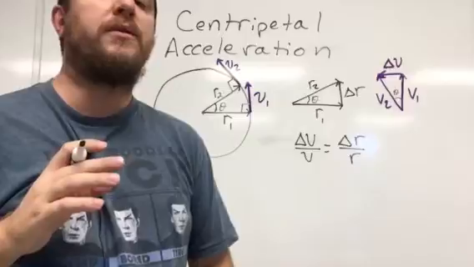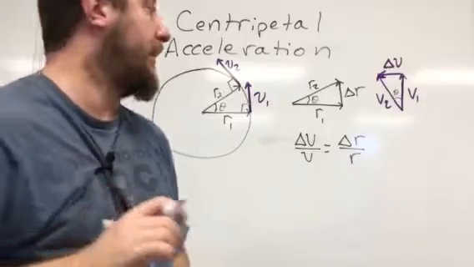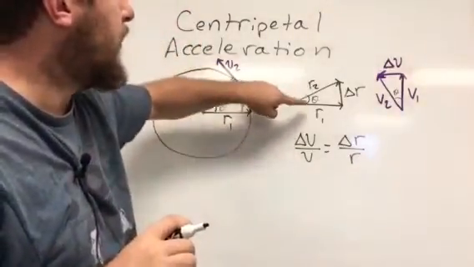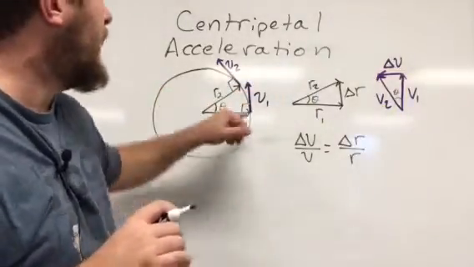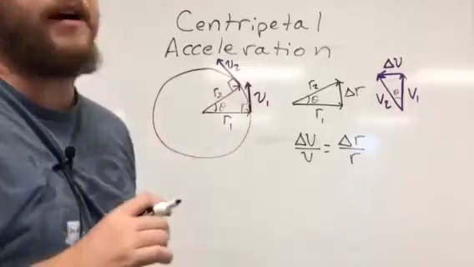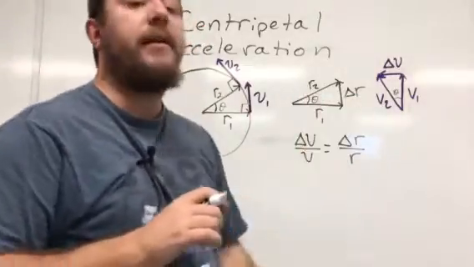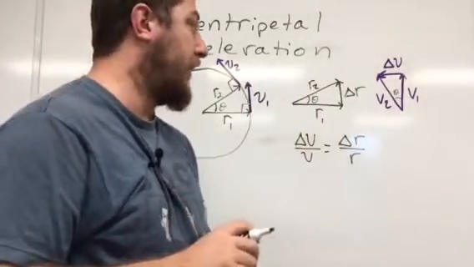Now, these similar triangles are also going to be isosceles triangles, because the radius of my circle is not changing, and if I'm moving at a constant speed, then the magnitude of these arrows is not going to be changing either. So these are going to be similar isosceles triangles.